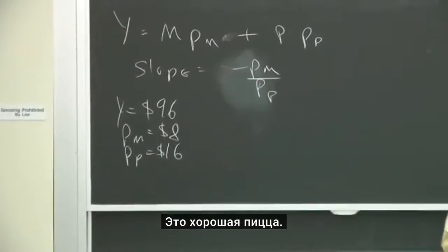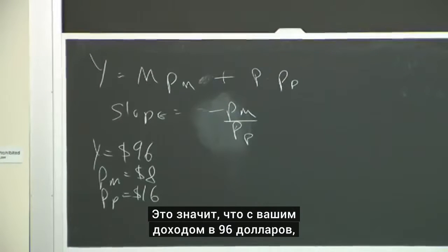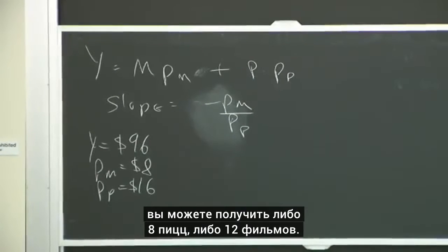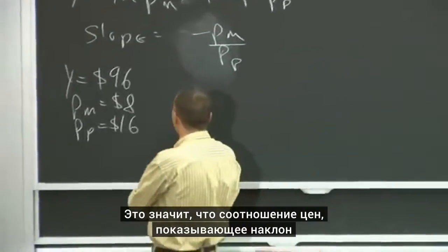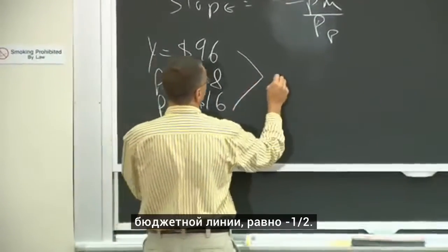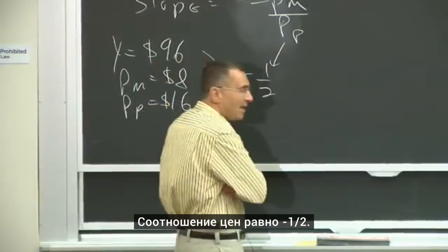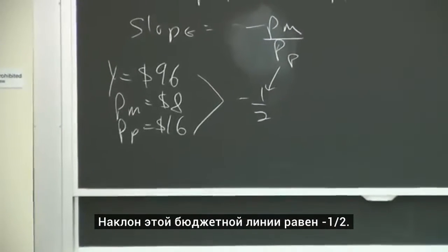So what this means is that with your income of $96, you could either get 6 pizzas or 12 movies. So that means that the price ratio, the slope of your budget constraint, is -0.5. The price ratio is -0.5. So the slope of that budget constraint is -0.5.